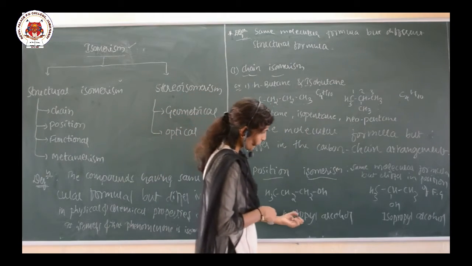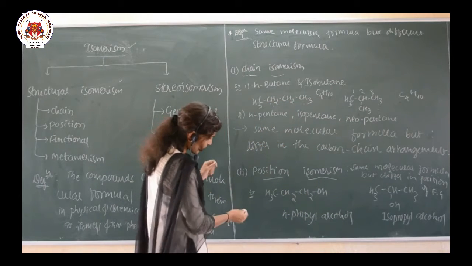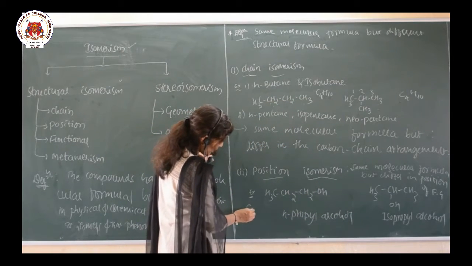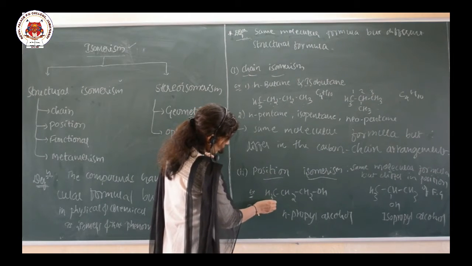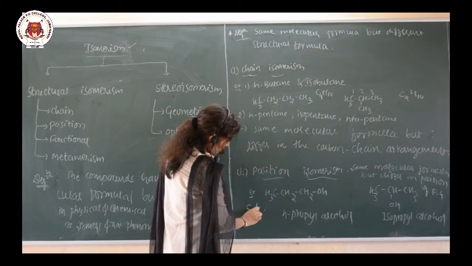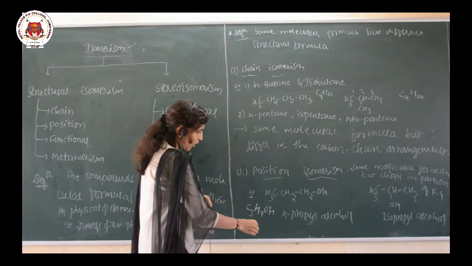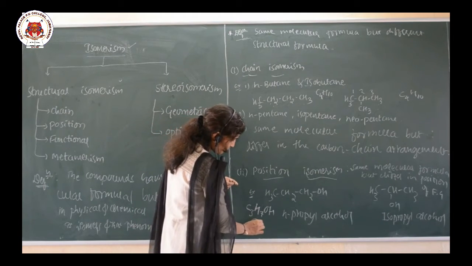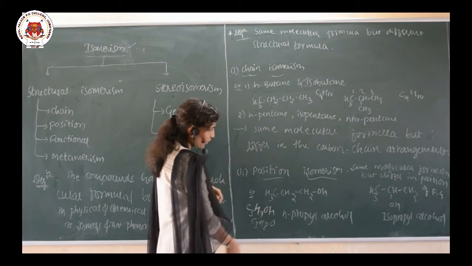One is N-propyl alcohol, one more is isopropyl alcohol. If I write the molecular formula, here it will be C3, 1 2 3, and here 3, sorry, H7OH. Am I correct? Or else C3H8, totally 8 hydrogens and 1 oxygen.